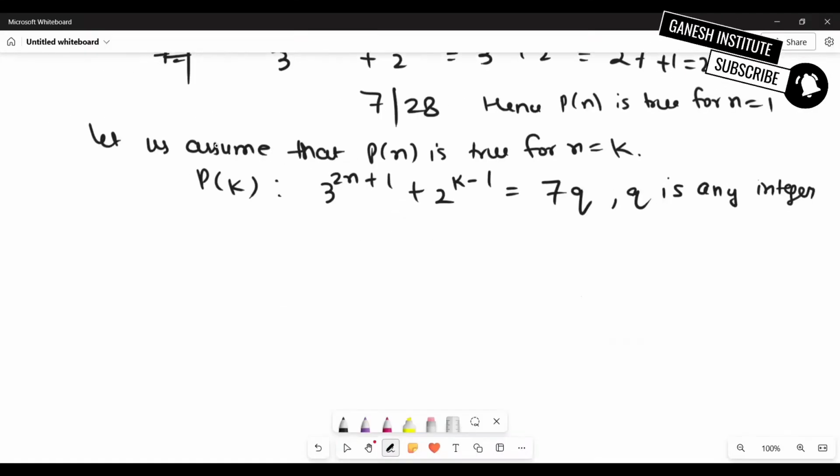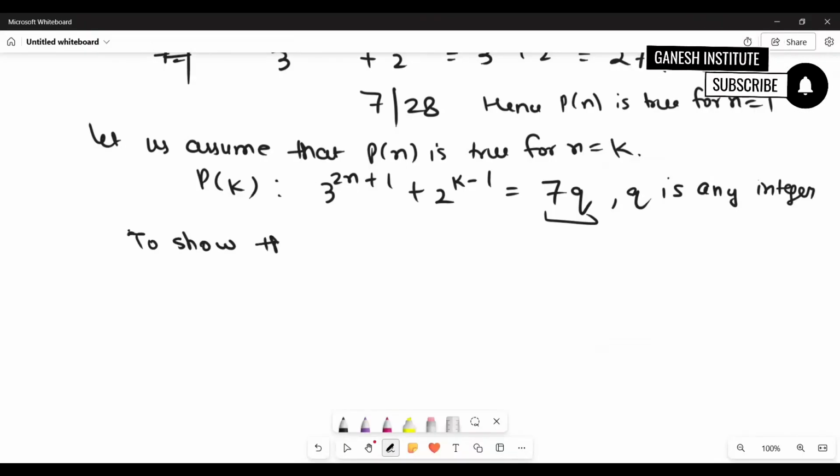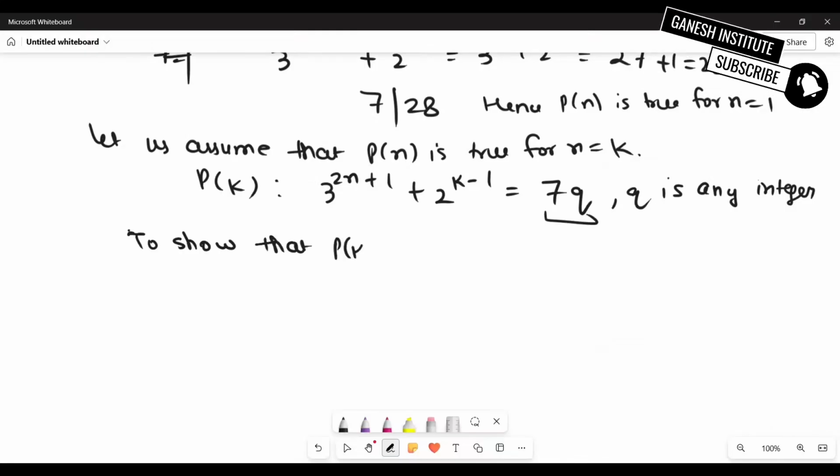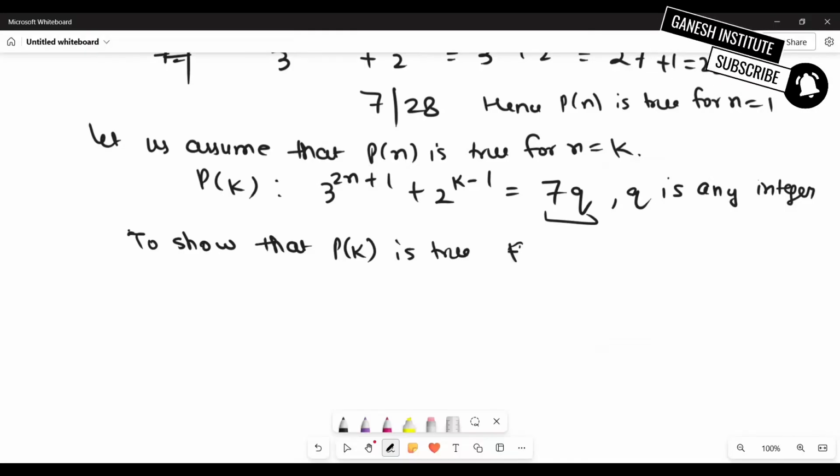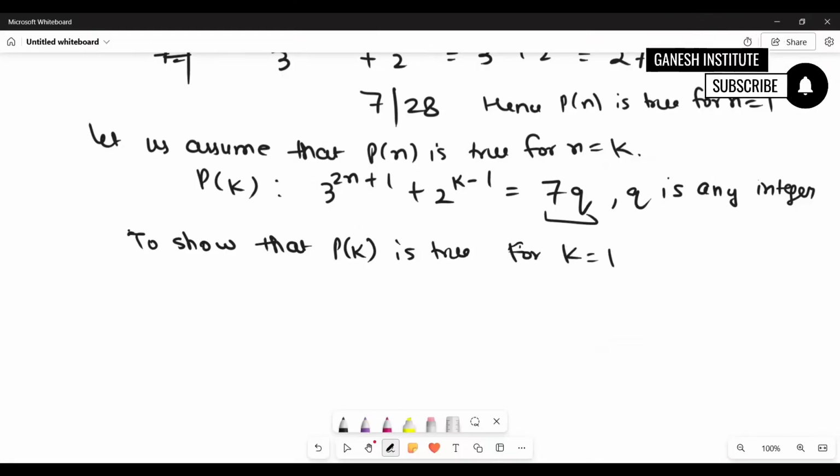Now, if this is the case, I need to come up with something which is k plus 1, and then I need to take out 7 as common and see whether it is making the factor or not. So I need to show that Pk is true for k equals k plus 1.